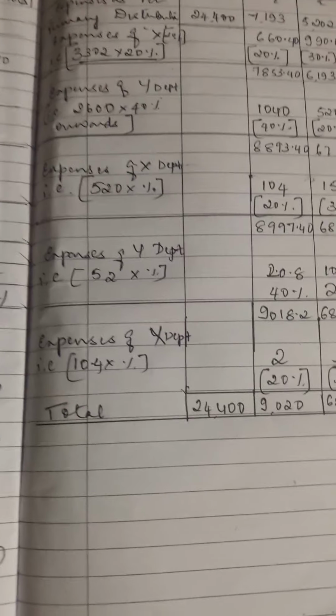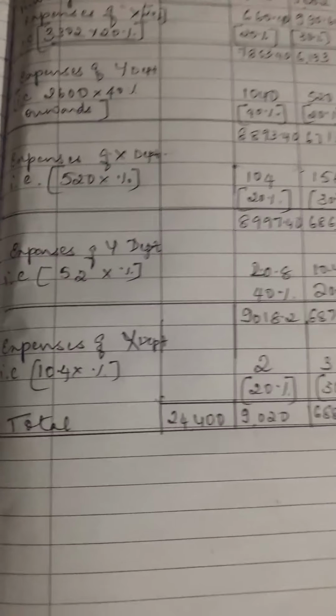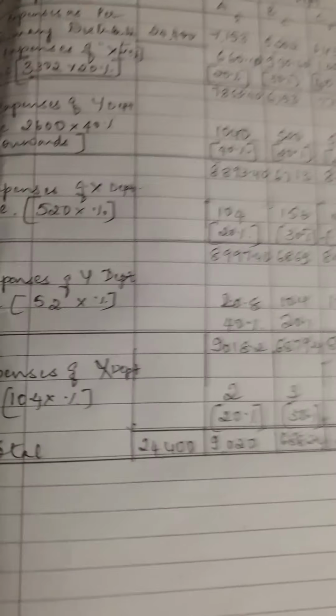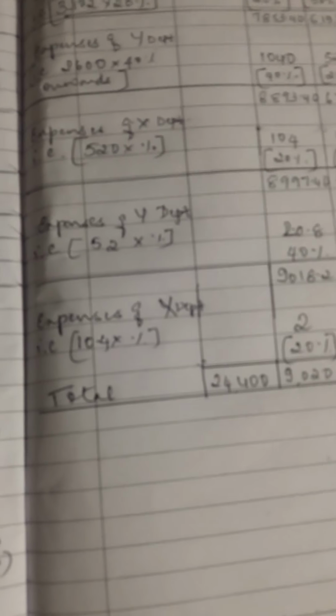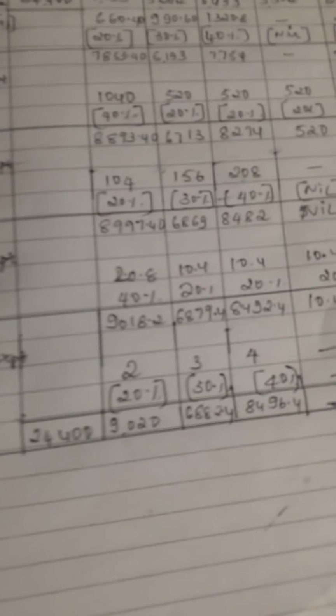Then come to the next department, that is expenses of Y department. That is 52 into 40%, 20%, 20%, 20% and nil. Again add up. Lastly, X department value will be 10.4. That is further distributed. You will get 2, 2, 4, nil, nil. Since we have got the least value, we are going to end our problem here.